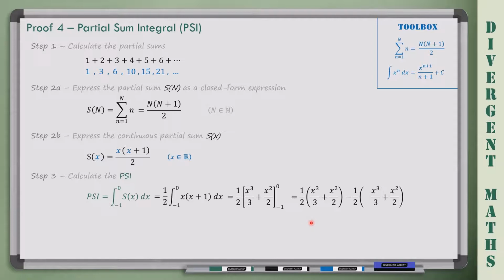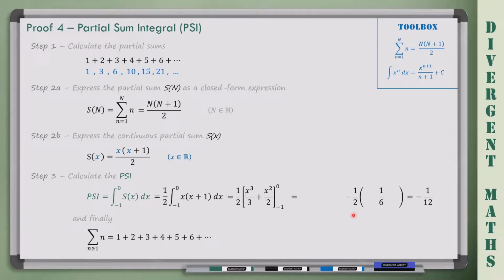So let's replace in the expression. 0 comes here, -1 comes there. That one is gone, it's only 0. We are left with this one: 1/2 minus 1/3 is 1/6. So -1/2 of 1/6 is equal to -1/12, which is what we are after.